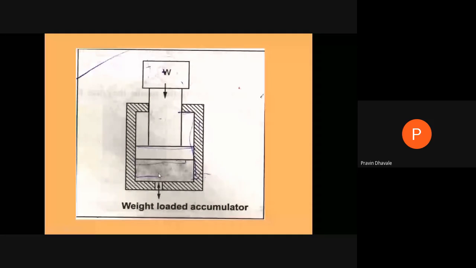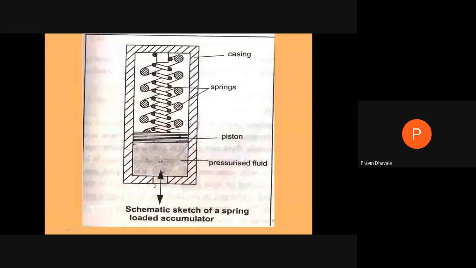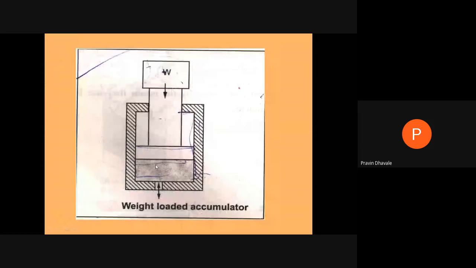The hydraulic fluid from the outlet of the pump is supplied to this passage, so the level of the fluid in the cylinder of the accumulator goes on increasing. As the fluid enters the cylinder, because of gravity, the fluid has a certain pressure on it because of the dead weight and the gravity effect.